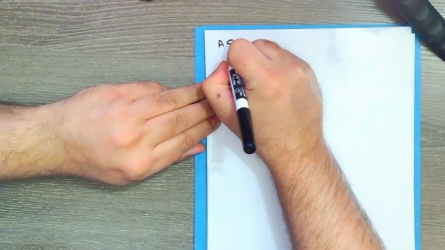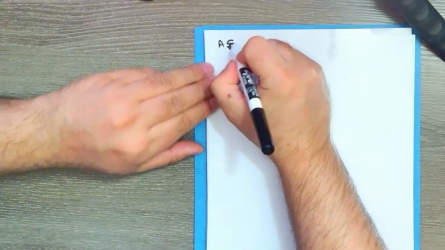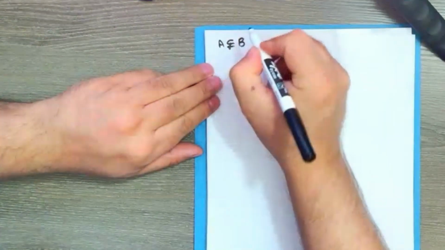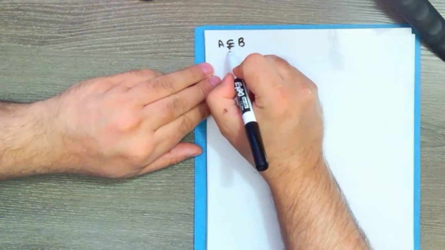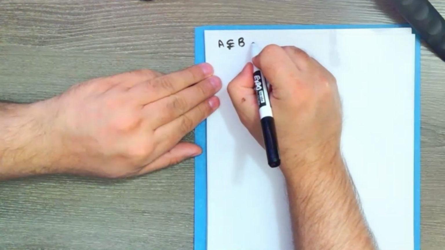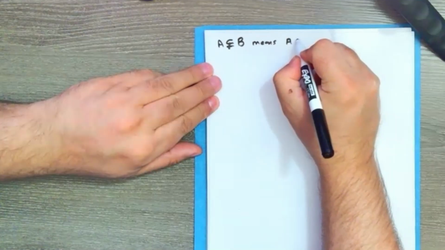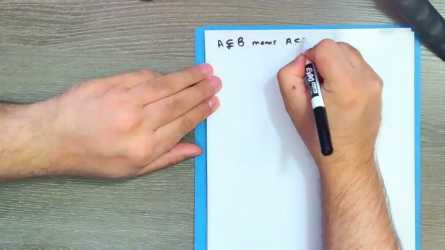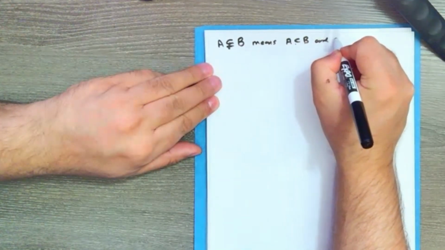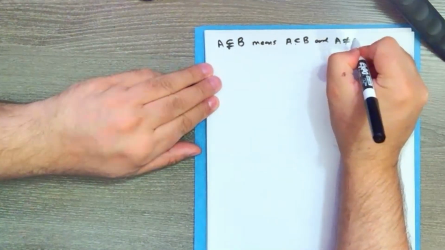Another useful notation is A subset not equal to B, where we put a bar through the equality sign. And this means that A is a subset of B and A is not equal to B.